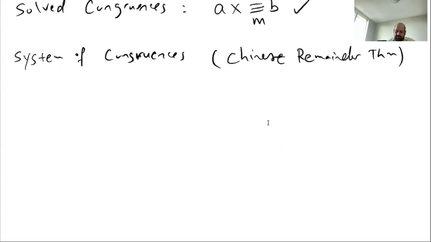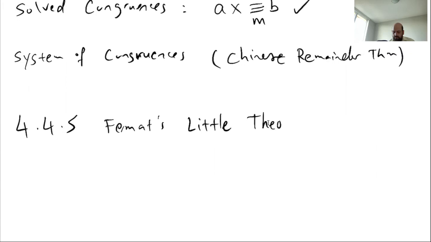Now, this time we want to look at the next topic, 4.4.5, Fermat's little theorem. So Fermat was a French mathematician who lived in the 17th century.